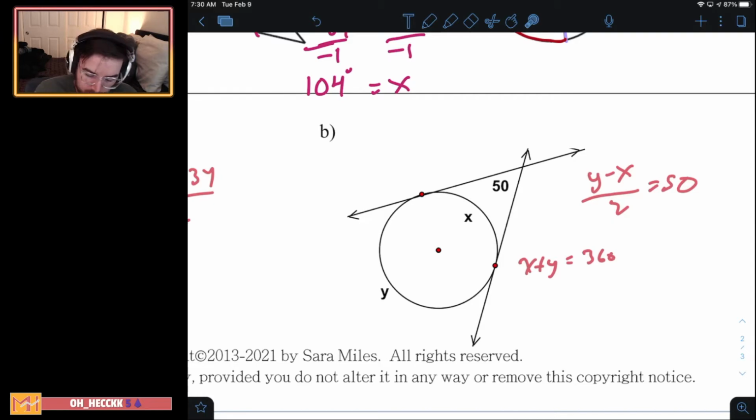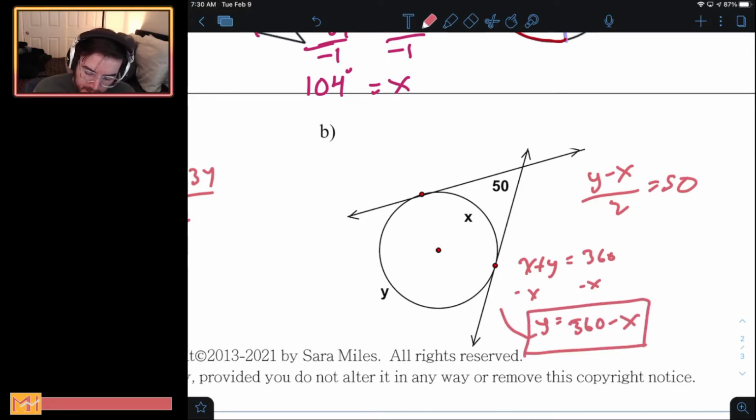This is what I like to call a system of equations. So we could solve for y here. And if y is equal to 360 minus x, well then plug that in to the equation. Instead of writing y, let's write 360 minus x for this guy, and then minus x again because, well, that's still there.